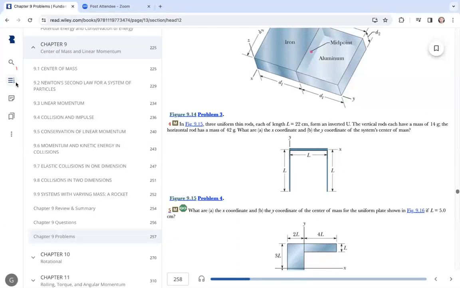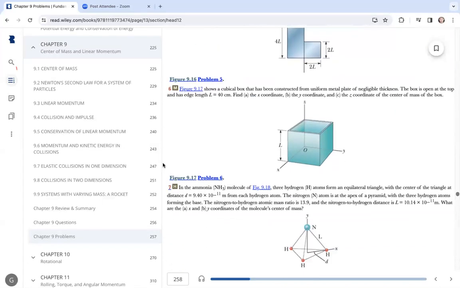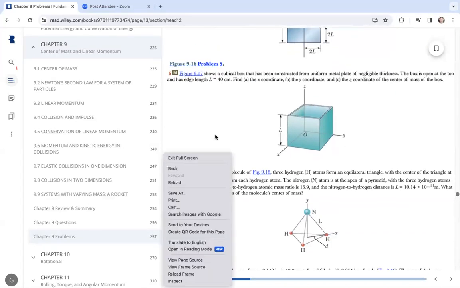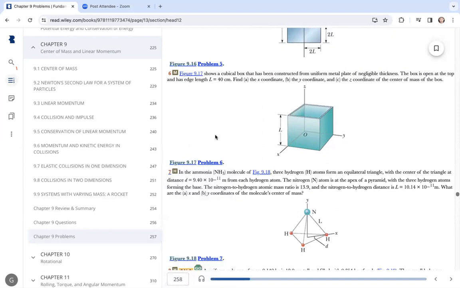All right, so moving on to problem 6. Problem 6 is the same idea, but it's in 3 dimensions instead of 2 dimensions. It's maybe a little confusing to see in 3 dimensions, so I'm going to try to replicate the coordinate system real quick here.